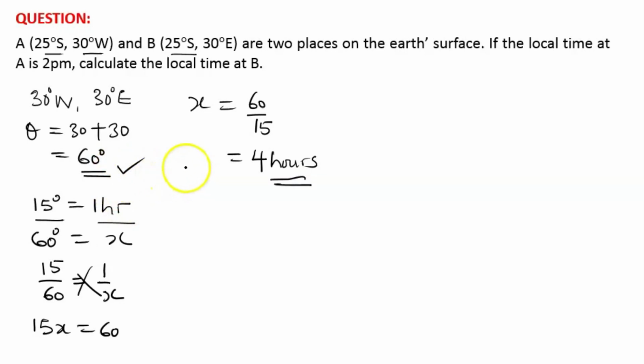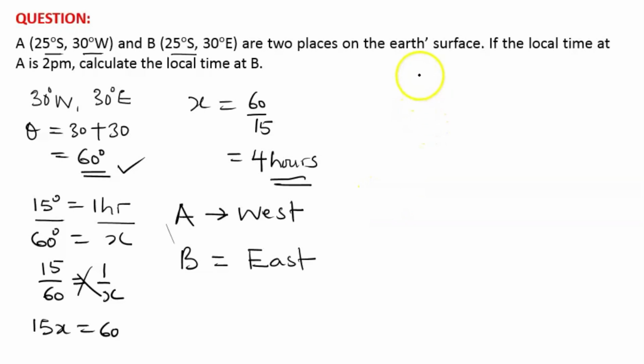All right, so what do we do now? The next thing to check is their direction. We have point A towards the west, and point B is towards the east. From our explanation, if this is the prime meridian, which is 0 degrees, and this is 15 degrees east, and this is also 15 degrees west, what do we do?